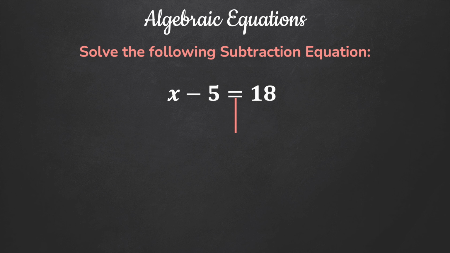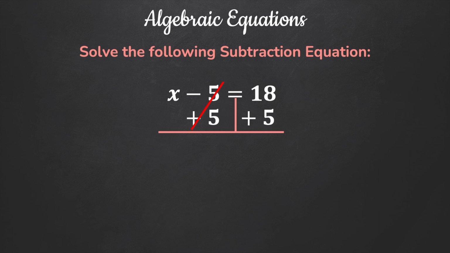But in order to do that, we have to get rid of minus 5. In order to get rid of minus 5, we have to use the inverse operation, which is addition, so that we could cancel these out. However, whatever we do on the left side of the equation, we have to do on the right side to keep it balanced. Now, this minus 5 and plus 5 are going to cancel each other out because they're equal to 0.